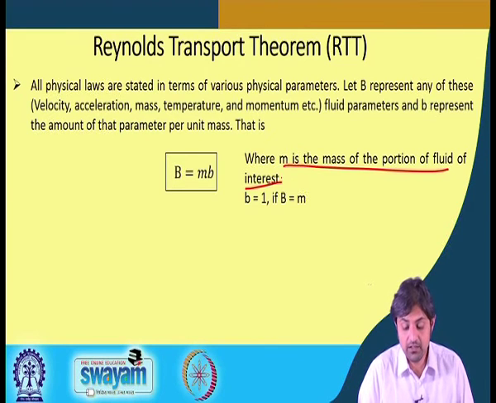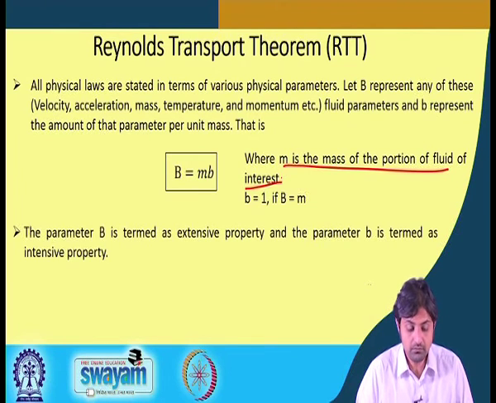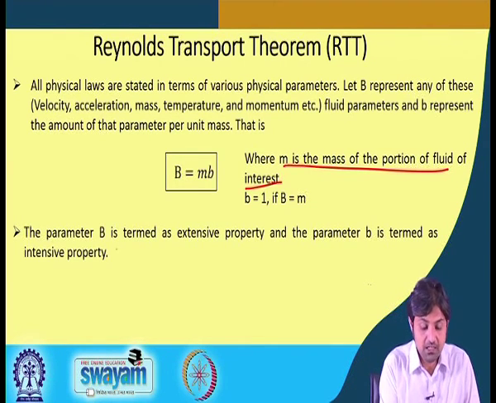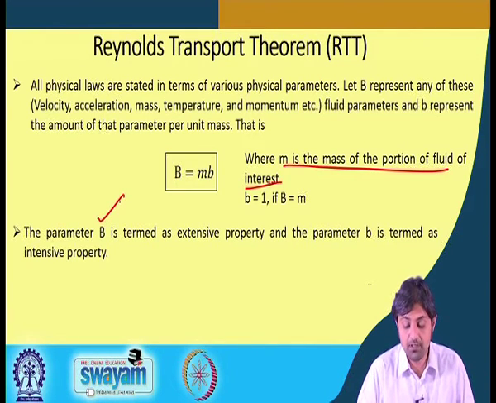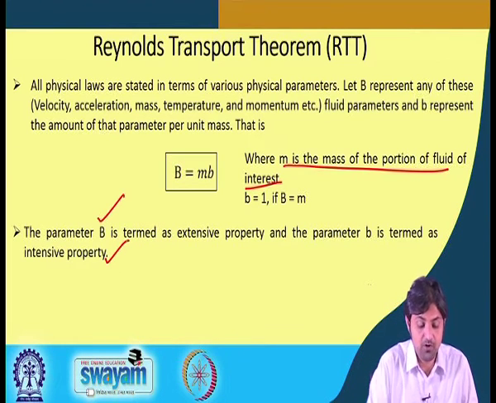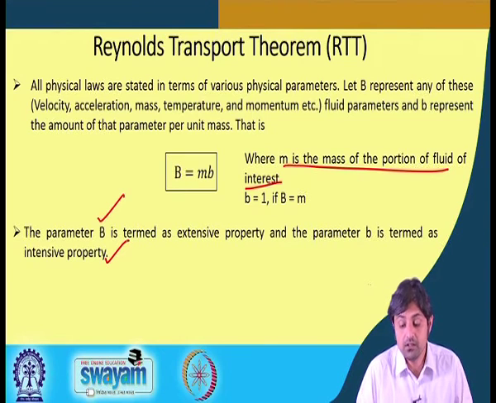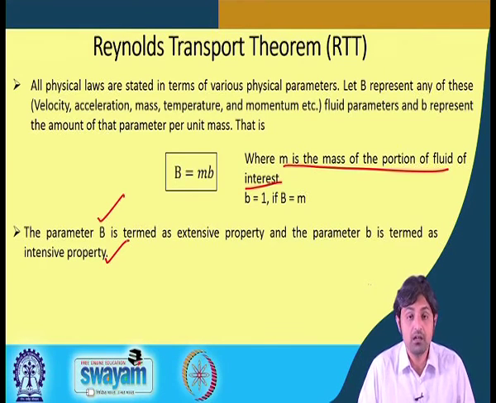B will be 1 if capital B is equal to m. So, small b is the amount of that parameter per unit mass. The parameter capital B is termed an extensive property, and the parameter small b is termed an intensive property, because it is the parameter per unit mass.